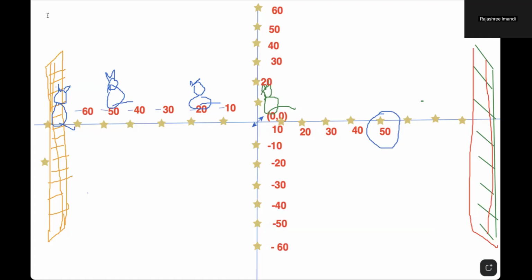What happened to the sprite after hitting the wall? What happened? After hitting the wall, what happened? It was blue when it hit the wall. I changed the color. It bounced. Very good.